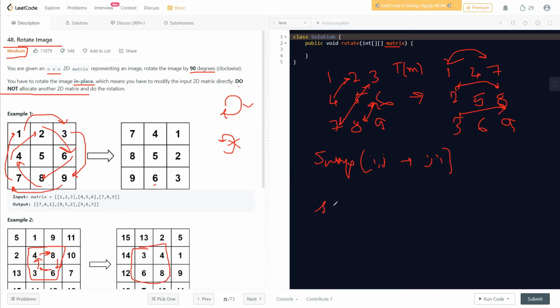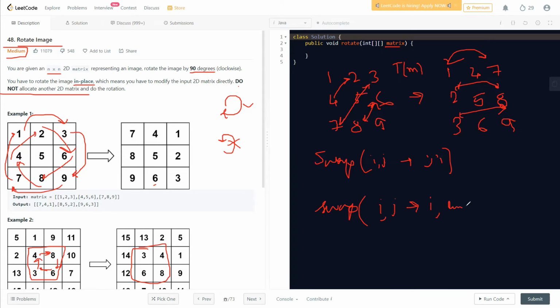And then the next step, we are swapping each of the elements in a row. We are swapping ij with matrix length minus j minus 1, keeping our i the same. That means we are in the same row and we're swapping with the last element with respect to the element we are at.